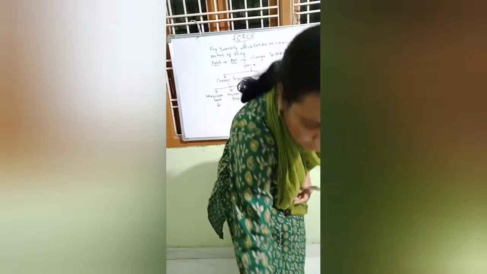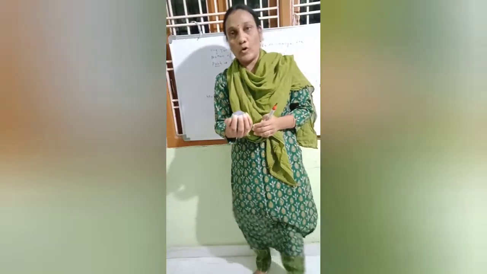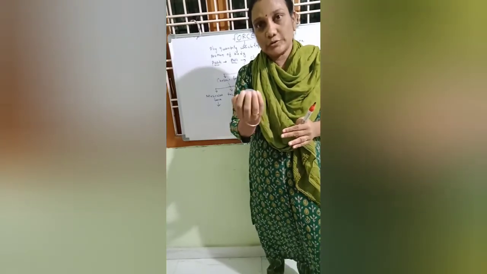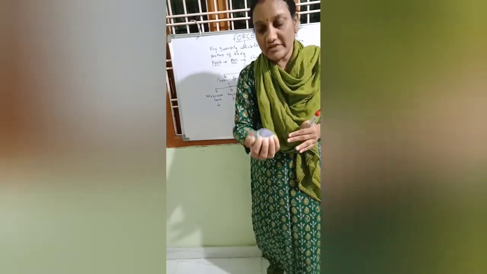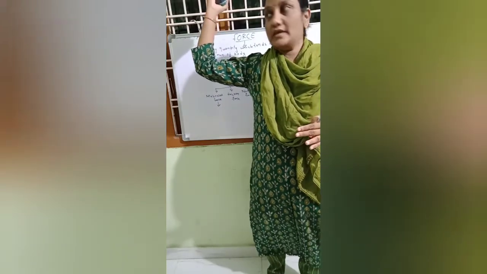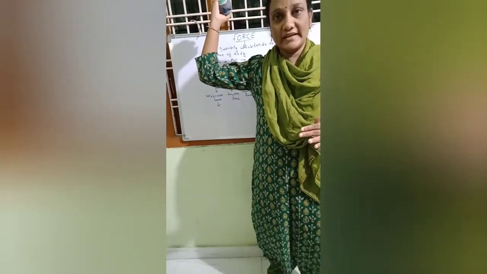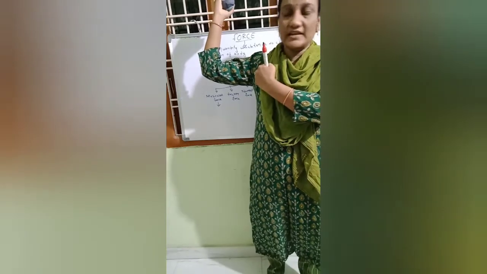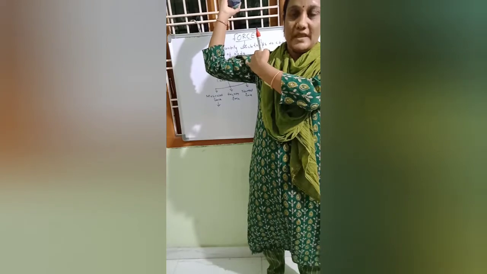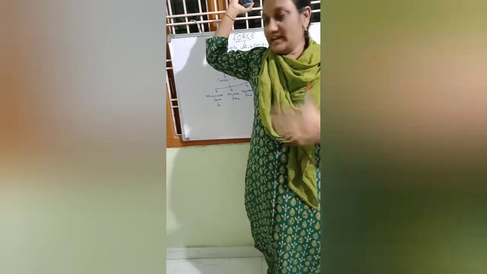For example, I want to throw this ball. To throw this ball, what will I do? I will just lift my hand. When I lift the hand, the chest muscles as well as the front shoulder muscles lengthen.